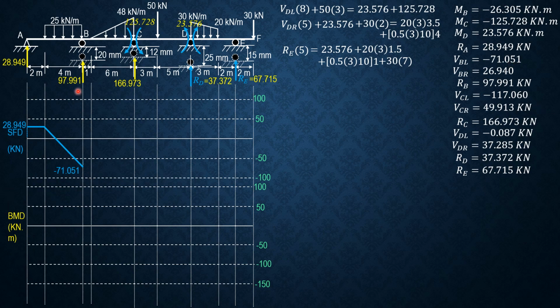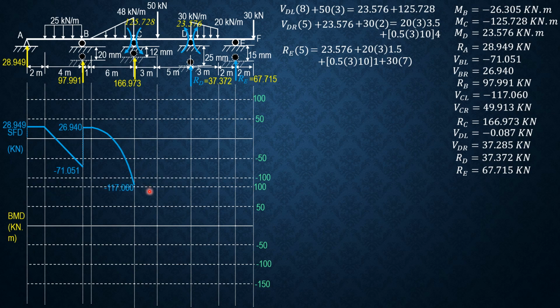Then plus 97.991. So that's then constant. The value is 26.94, which is the shear just to the right of B. We check here. And minus the area of this triangular load, 1 half of 6 times 48, from 0 slope to negative increasing.